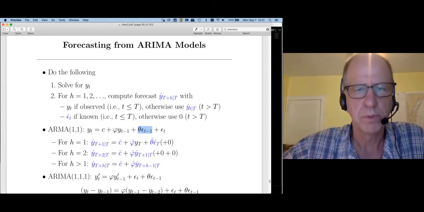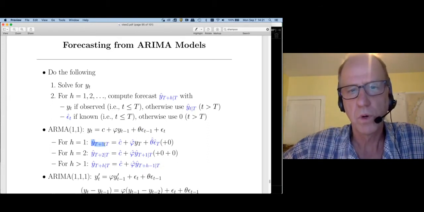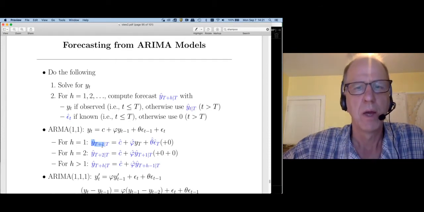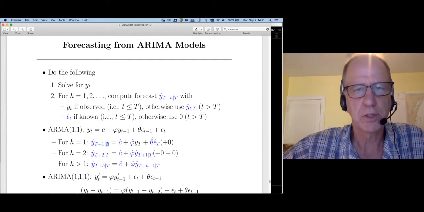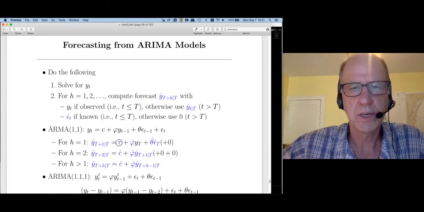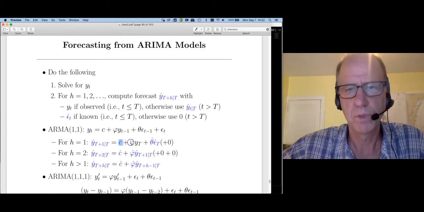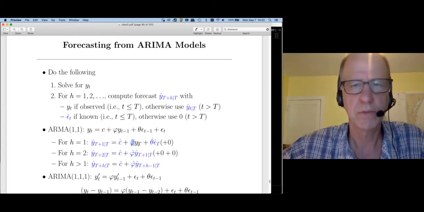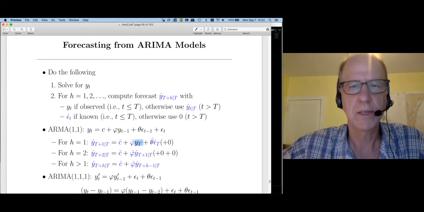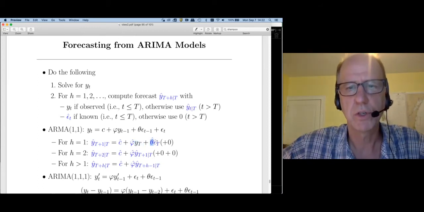Let's compute the forecast value for 1 period into the future. So this would be big T plus 1. And we're only allowed to use the information available in the first big T observations. So in order to do this, we'll take our estimated drift term, our estimated autoregressive term times the observed y big T value. Then we're going to take the estimated moving average term times whatever we computed our epsilon hat sub T to be.